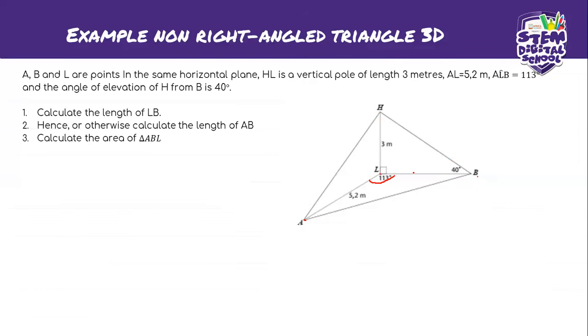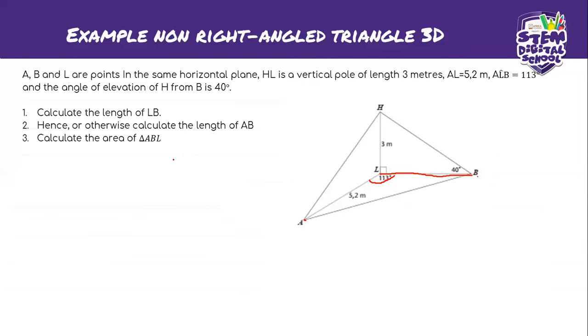This is the LB, so we are in need of this side, LB. We have to calculate that side. When you check LB, it's part of this triangle HLB and ABL. So that side is part of those two triangles, right?